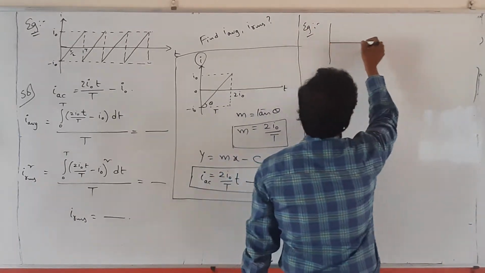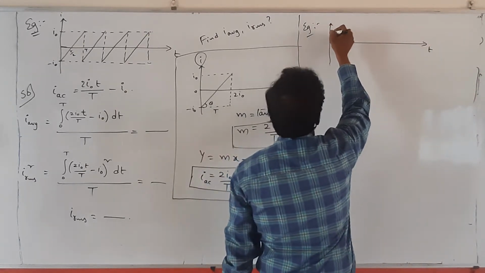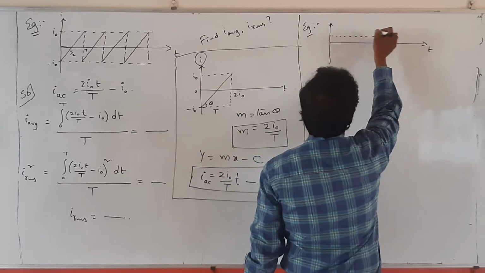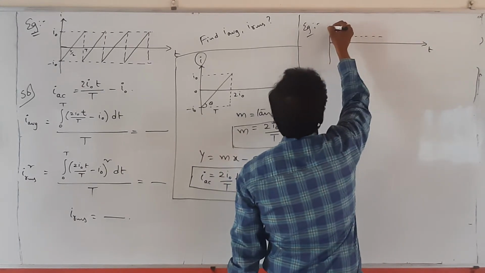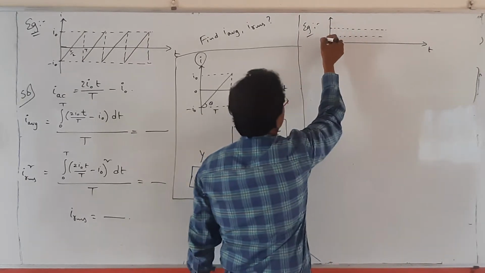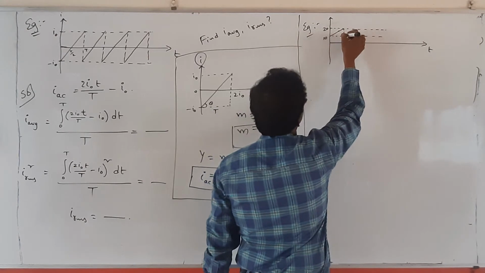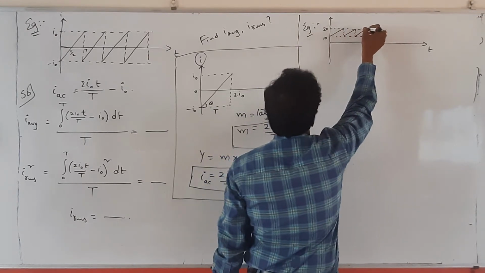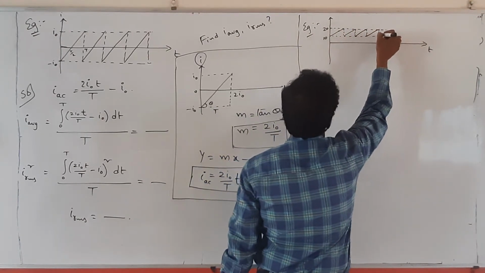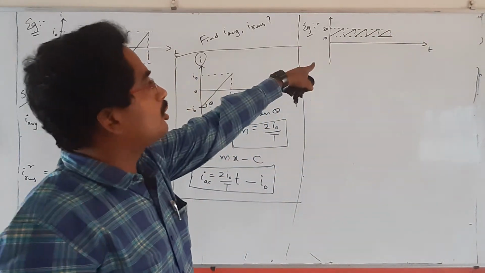This is the wave given in the problem. It is 10 or it is 20. That is also a sawtooth wave.